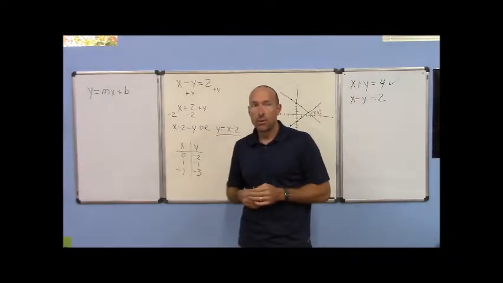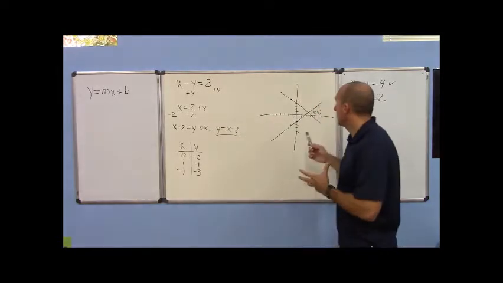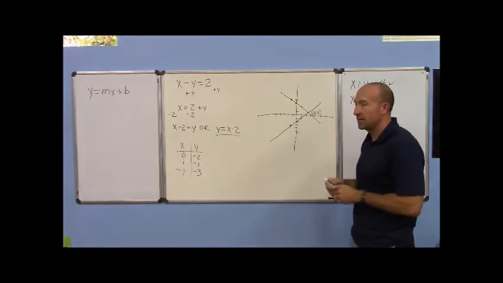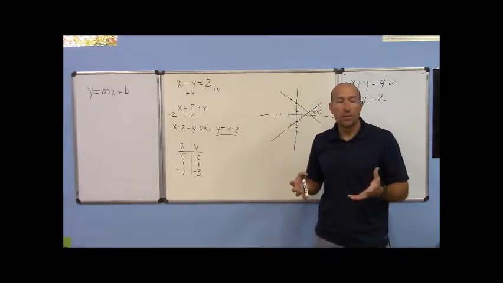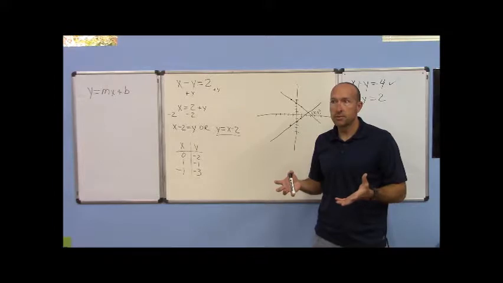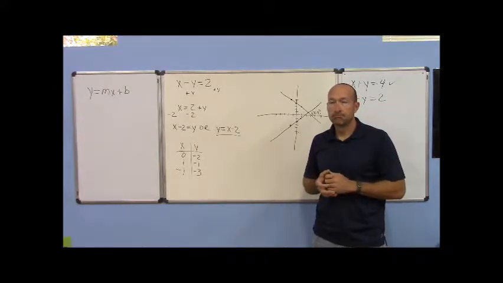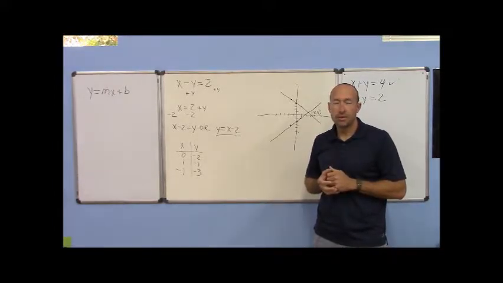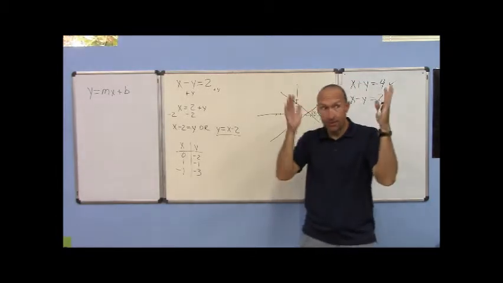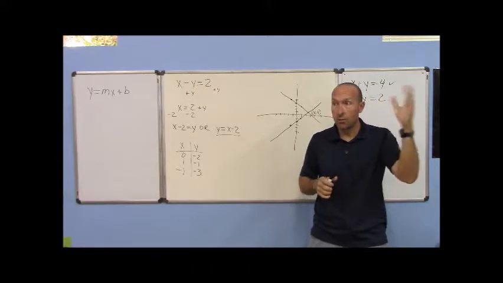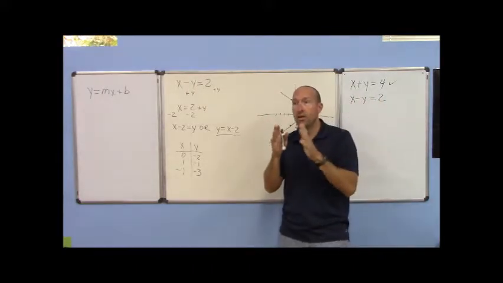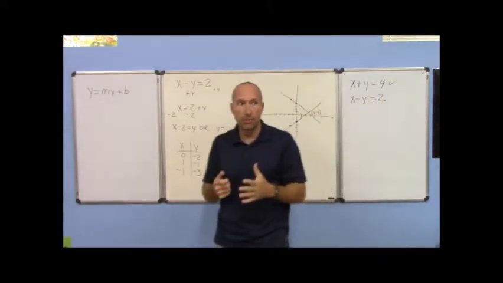So if these lines don't ever intersect, would you ever have coordinate points that would solve both equations? What do you think? No. If those lines never ever intersect, you will have a point that can solve one of them or the other, but there will never be one that actually solves both of them.